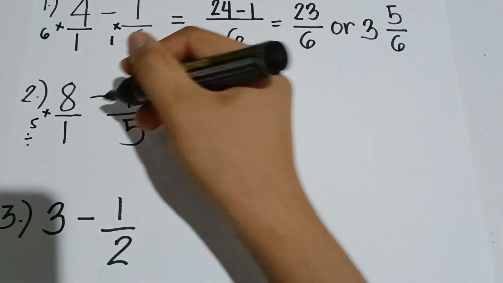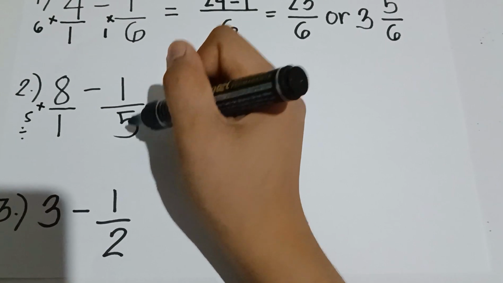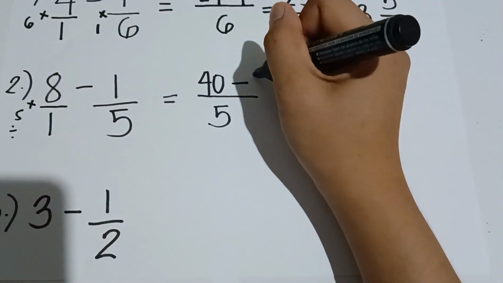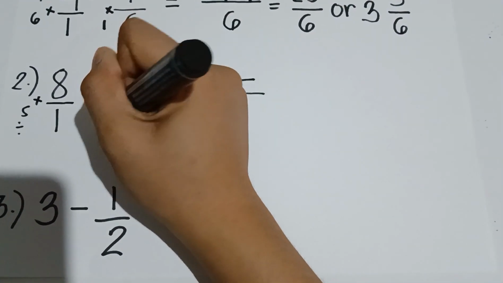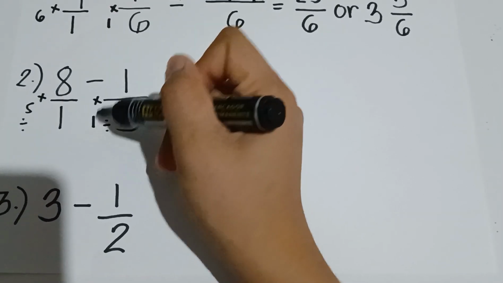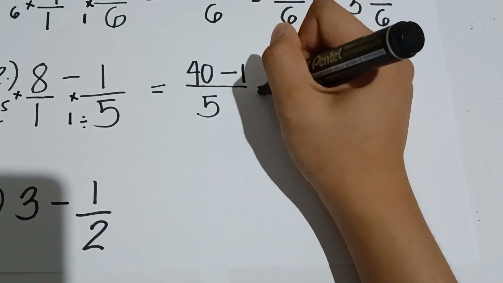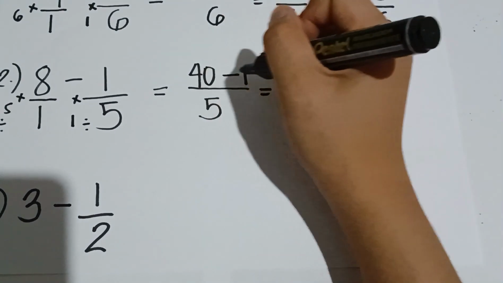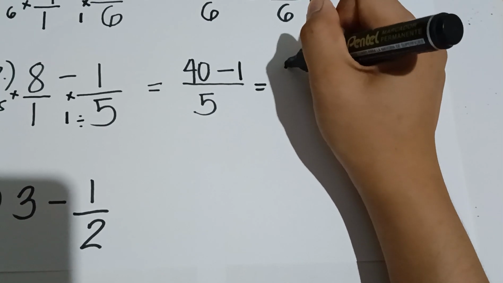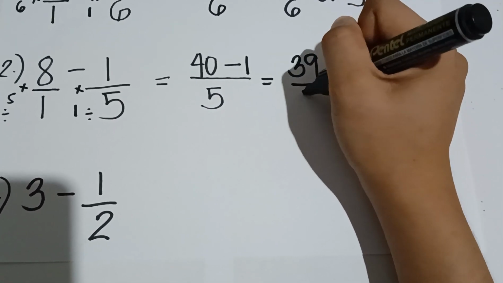Copy the operation, which is subtract. 5 divided by 5 gives us 1, times 1, that is equal to 1. For your final answer, we have 40 minus 1, that is 39 all over 5.